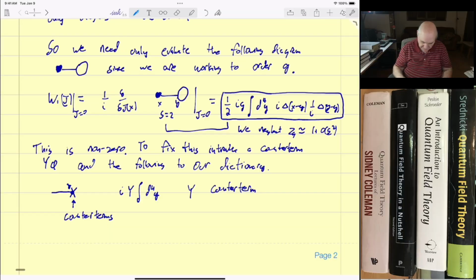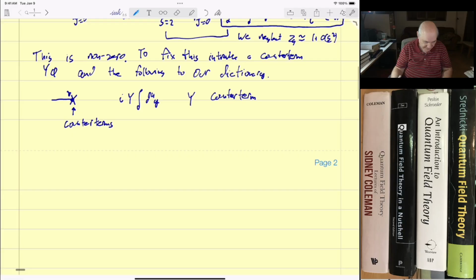And so taking into account this diagram, we get the following to order g. We're going to have to take into account, I'm sorry, 1 over i.